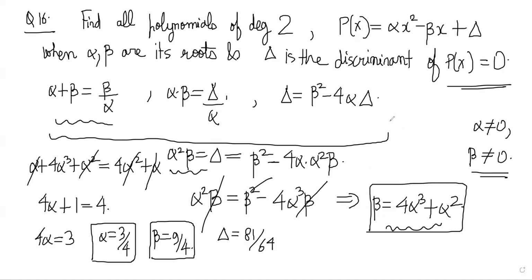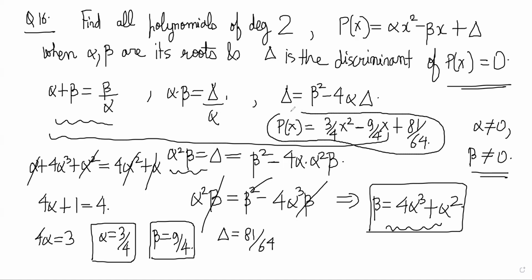And the quadratic function, this weird function, is dx is equal to basically 3 by 4 x squared minus 9 by 4 x plus 81 by 64. This is a quadratic where the roots are also present. 3 by 4, 9 by 4 are the roots, and discriminant is also present as the coefficient.